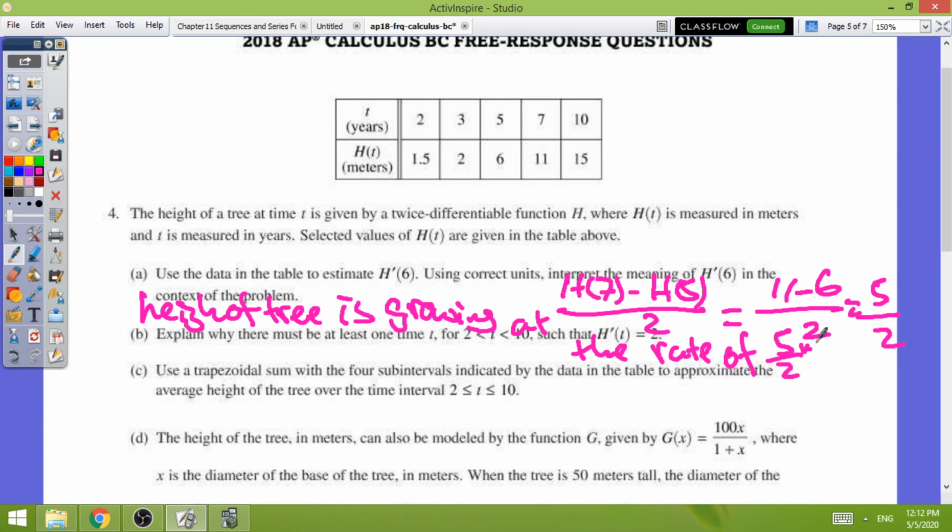Probably you want to put in a unit: 5 meters for every 2 years at t equals 6 years.